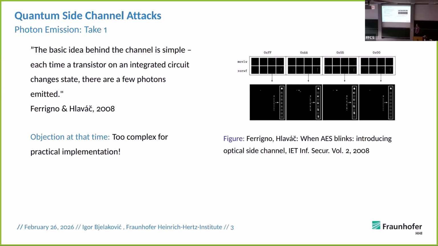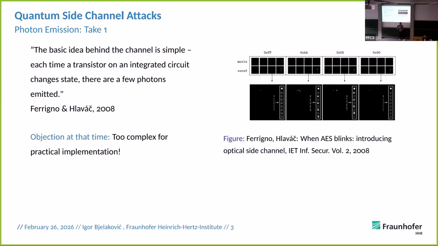Each time a transistor or an integrated circuit changes state, a few photons are emitted. Bang. And that's a resolution in space and time. So you get like a movie, right? If you detect these photons, you get a movie, you know how your device operates. And with some data analysis tricks, you can read out the key.